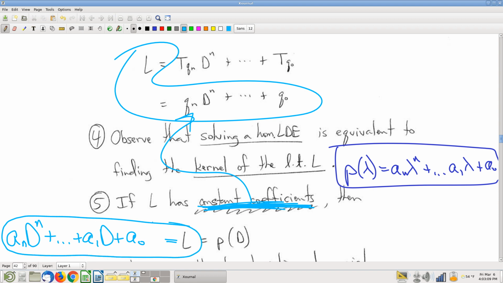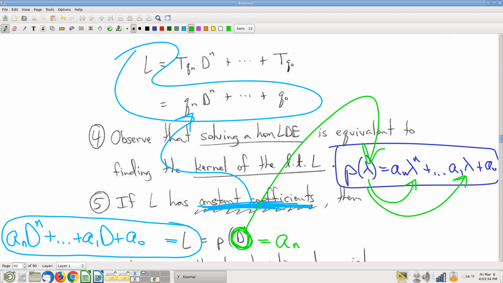Let's write down what P of D is. Here's our formula for P. P of D is what I get when I plug in D for lambda. Right? So P of D, weird though it may seem, here it is. It is a(n) d to the n plus, etc., plus a1d plus a0.